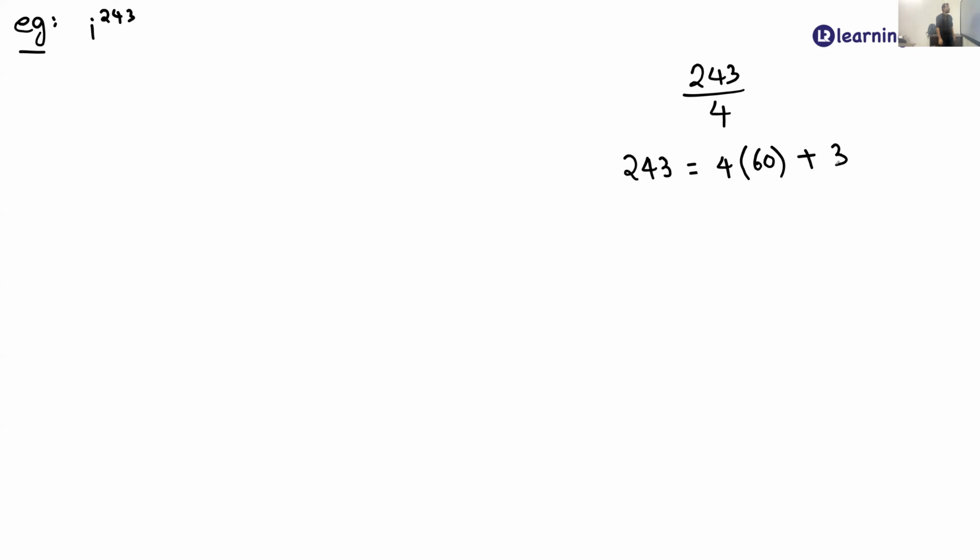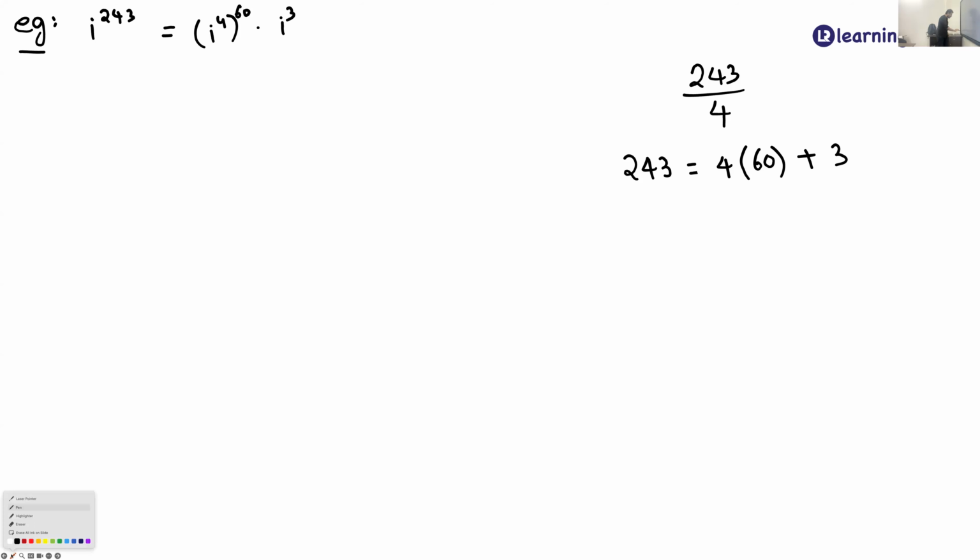3. So basically, this can be written as i to the power 4, the whole raised to the power 60. It's the same, no? i power 4 into 60 is i power 4 raised to the power 60, into, what will you write? i cube. So basically, I'll explain what I wrote here.